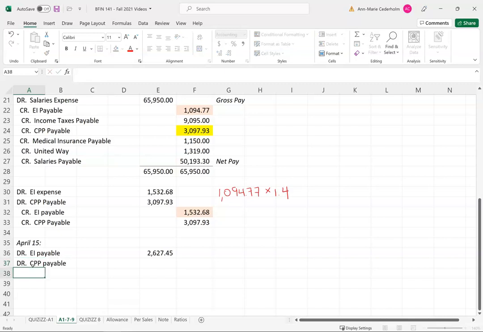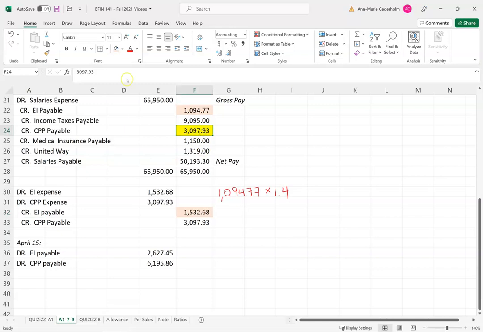I'm also going to do that with the CPP payable account. I'm going to clear them out. So it's going to be the employee's portion plus the employer's portion. And I just noticed I made a little mistake here. This should be called CPP expense. So let's do that. Change that. Perfect. So again, I'll highlight those in yellow.